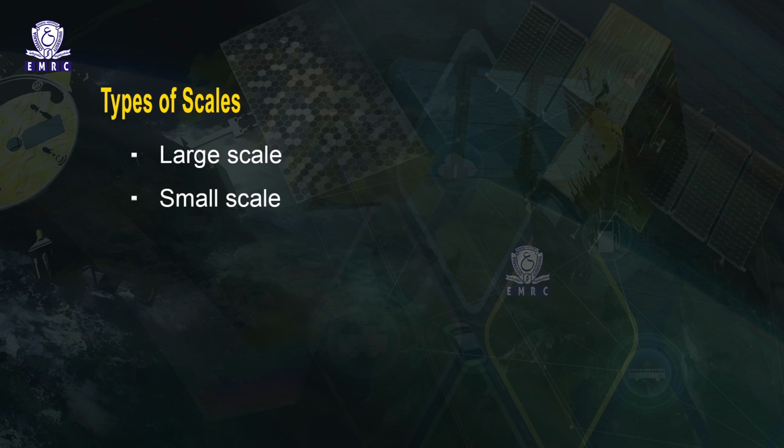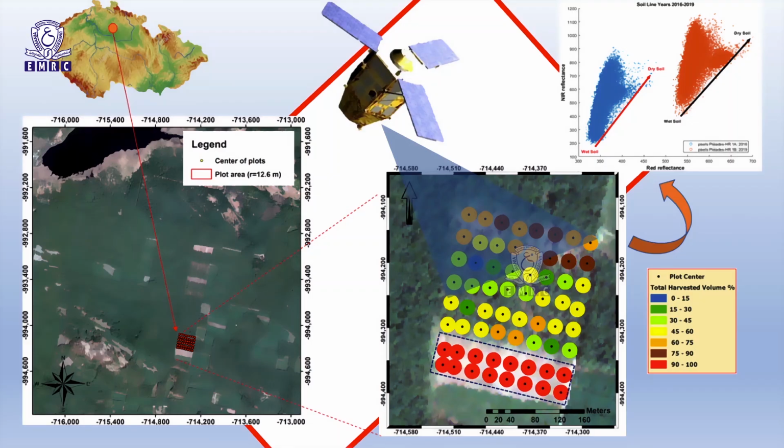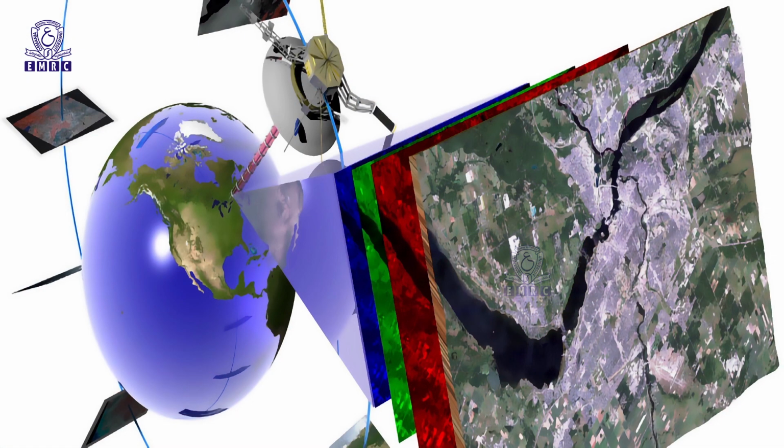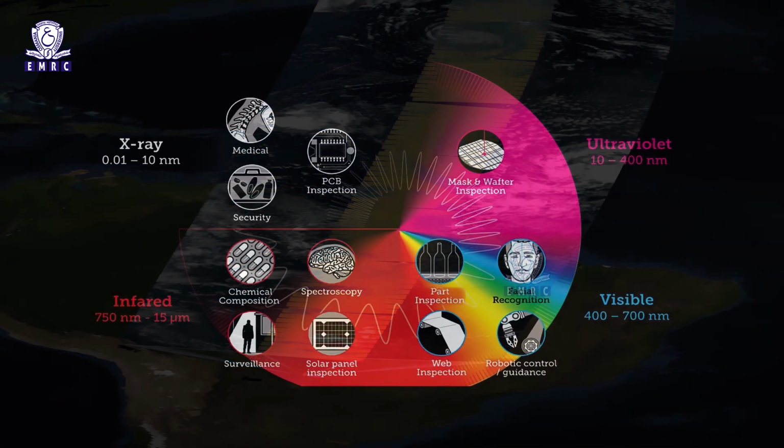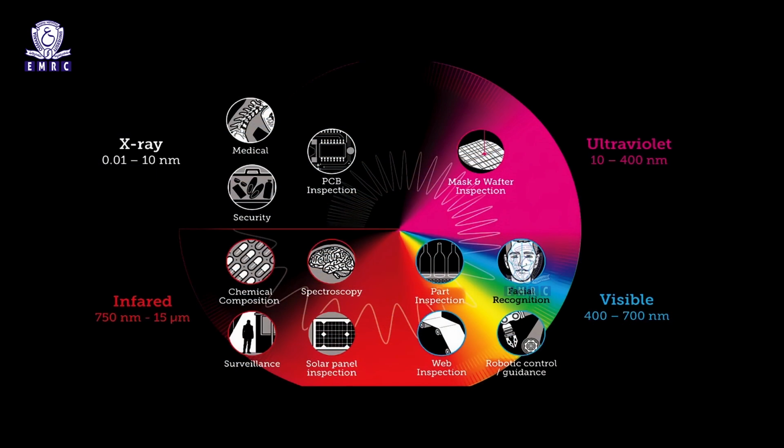There are two types of scales, that is large scale and small scale. Based on the criteria to be addressed, for highly localized studies large scale sensors are utilized, whereas for more regional and coarse studies small scale sensors are used. Thus, scale plays the major part in selecting which type of sensor is to be mounted on which type of platform. Sensor systems mainly operate in visible, infrared, thermal and microwave regions of electromagnetic radiation.